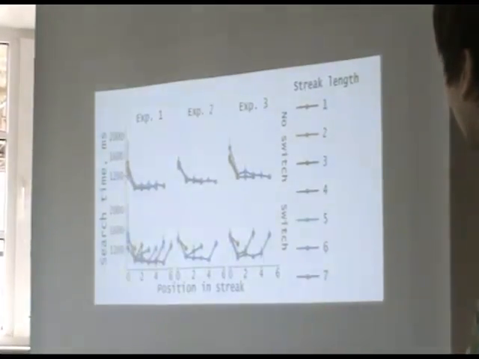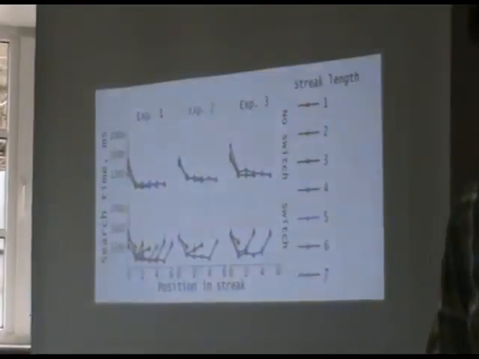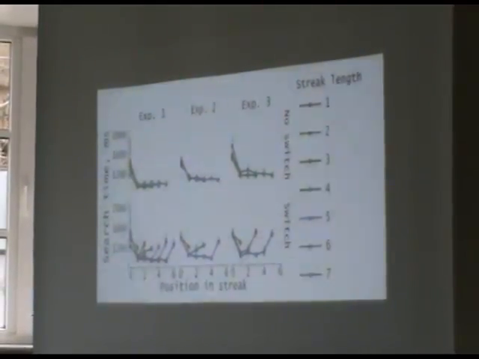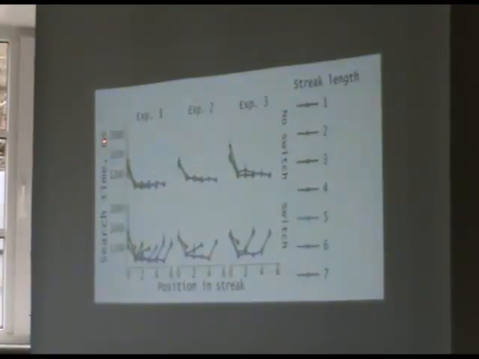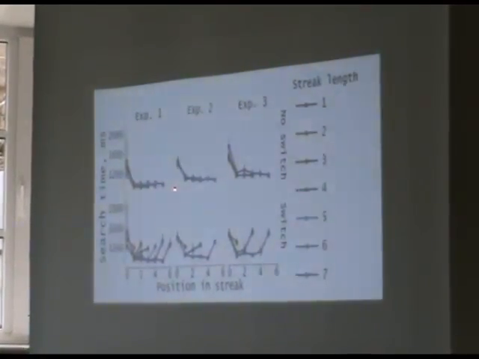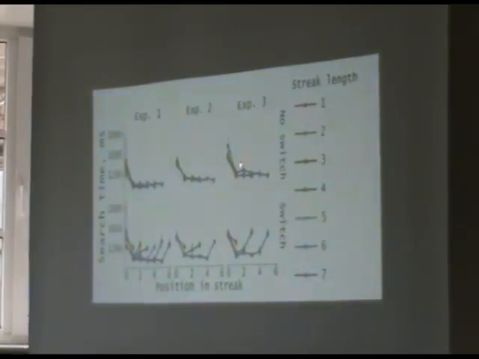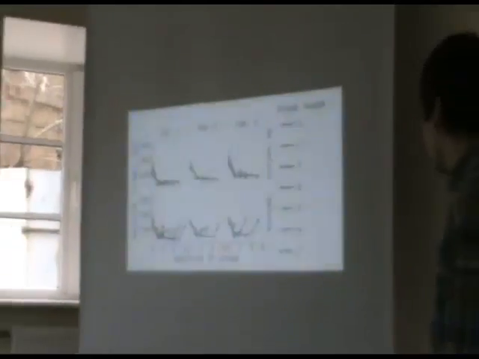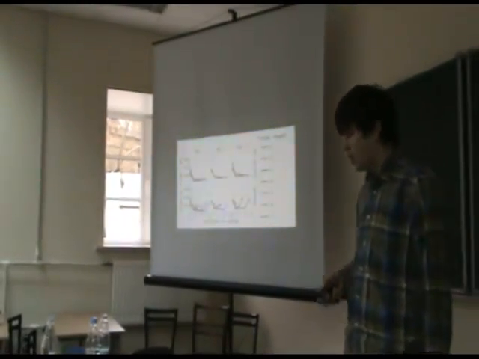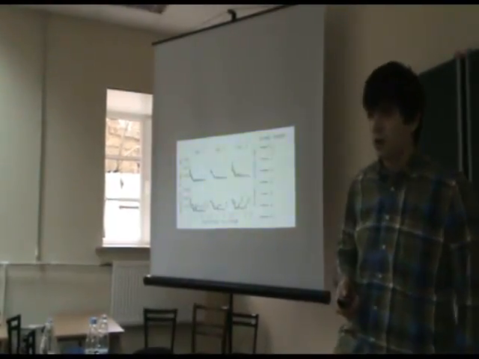So we get a nice priming effect, at least we get nice positive priming. When there is no switch in the strip, your search time decreases, and when there is a switch on the last trial, the search time increases on that last trial. So that looks like a classic priming of pop-out effect.